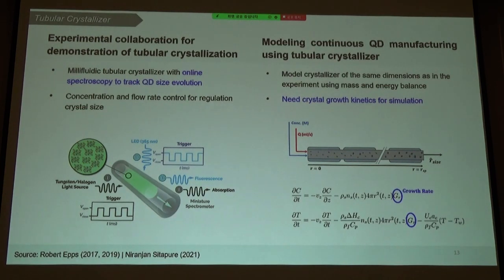So with that, we have a collaborator at North Carolina State University, Professor Milad Abolhasani, and Robert was, I think, one of his recent graduates. They developed a very nice experimental setup to enable the continuous production of QDs.